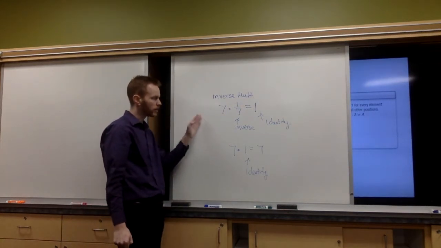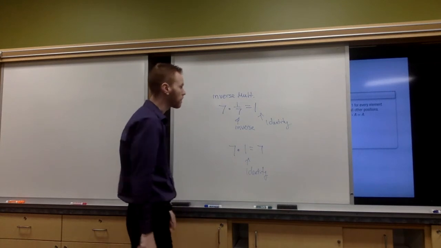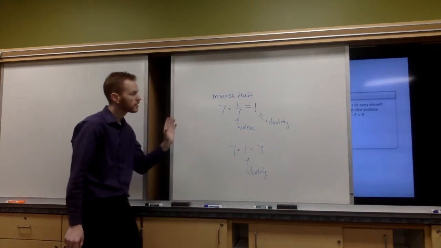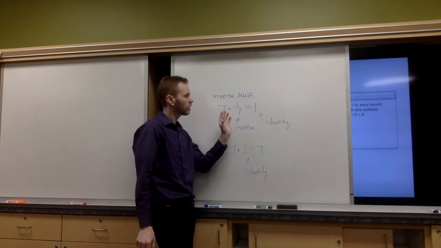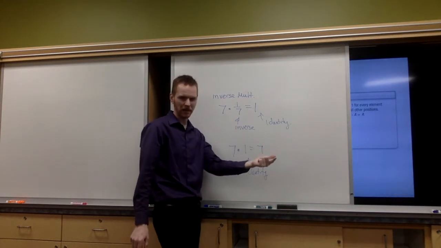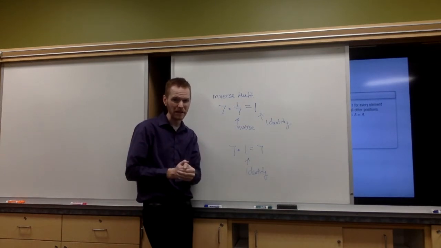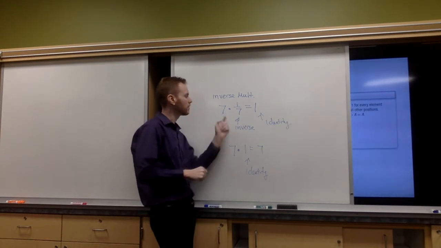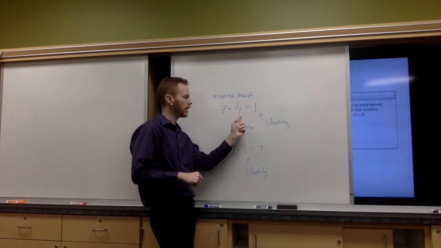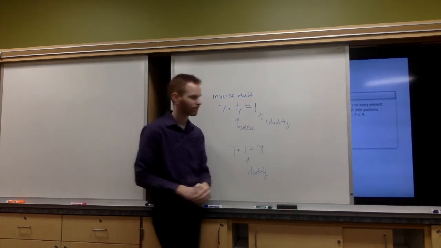So the goal is take this information and apply it to a matrix scenario. So what can I multiply a matrix by and get the same matrix again? What is 1 for a matrix, right? And if I multiply two matrices together and I get the identity, then they must be inverses.